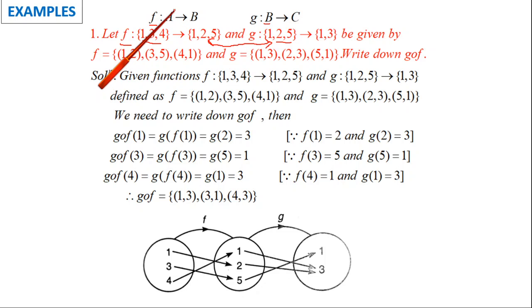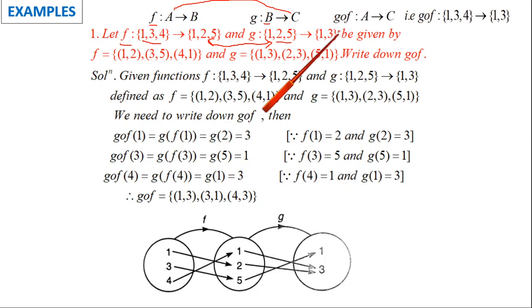So we will have a function from A to C, that is called f composite g from A to C. So here in place of A we have this set 1 comma 3 4, and in place of C we have 1 comma 3. So we will have f composite g, a function from set A to C.